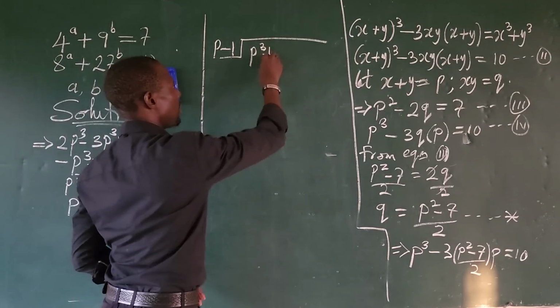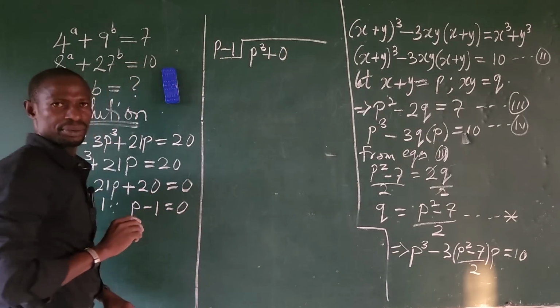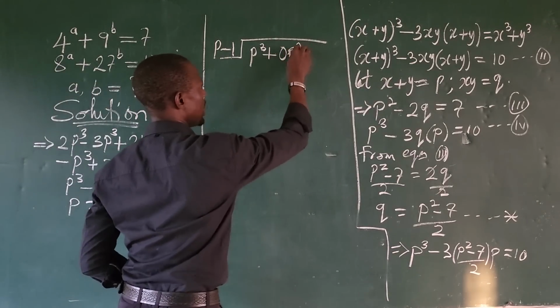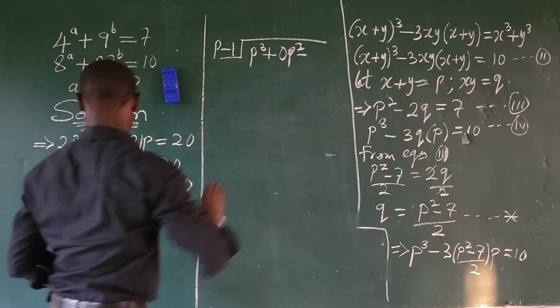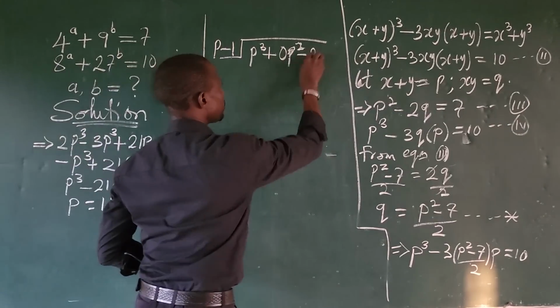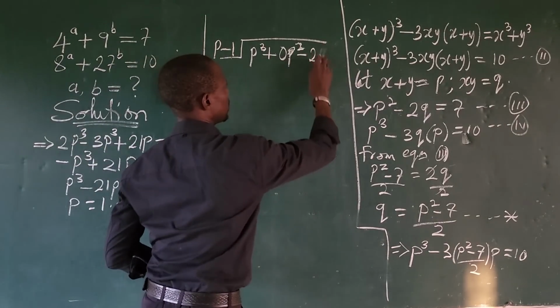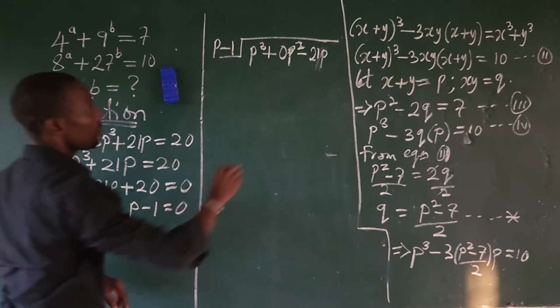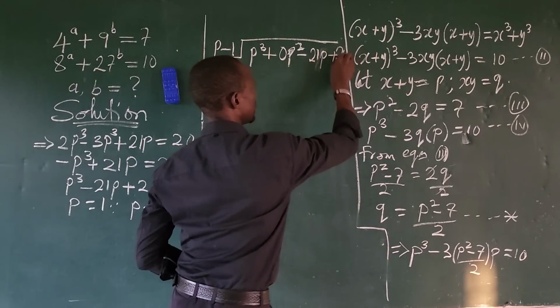So we have plus 0p squared, then minus 21p, then the last figure plus 20.